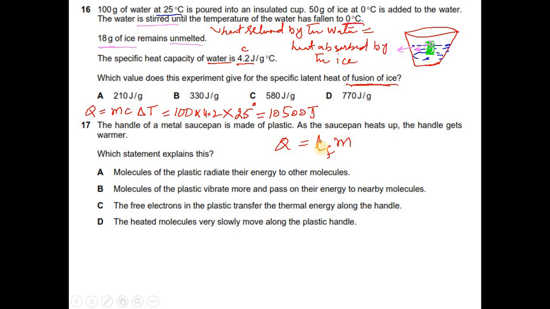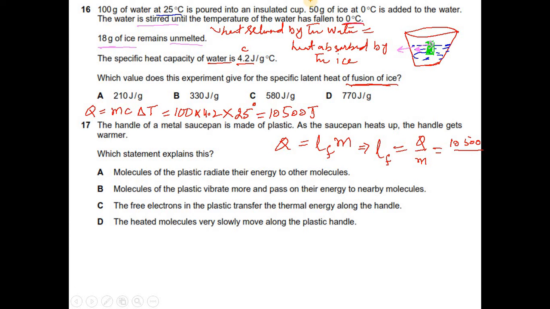So we need to find the latent heat of fusion, L_F, which is equal to Q divided by m, and this Q is the heat absorbed by the ice, which is the same as the heat released. So Q is 10500 divided by the mass.